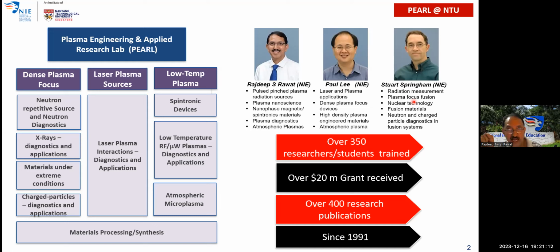And the third project that we have is to develop the plasma focus. Plasma focus is already a well known source of hard X-rays as well as neutrons. So I am a co-PI in one of the projects where the main PI is a material scientist, and he is developing perovskite-based scintillator materials. And the idea is to test whether these scintillating materials can be used as dual radiation diagnostics material or not.